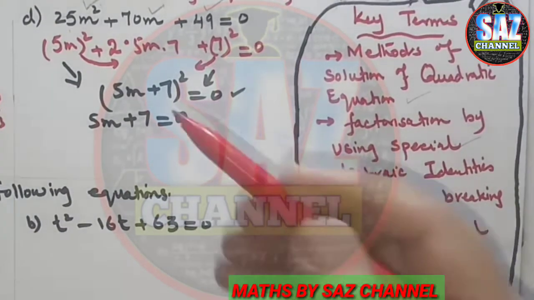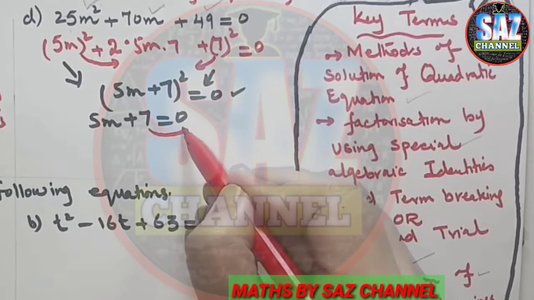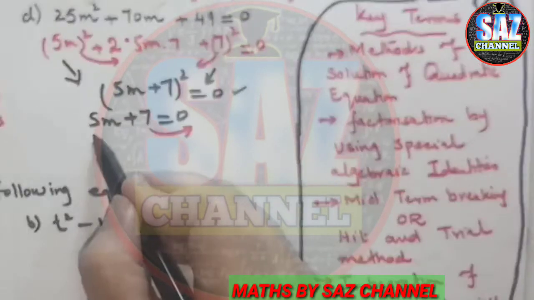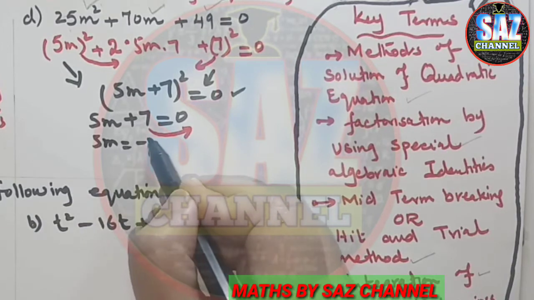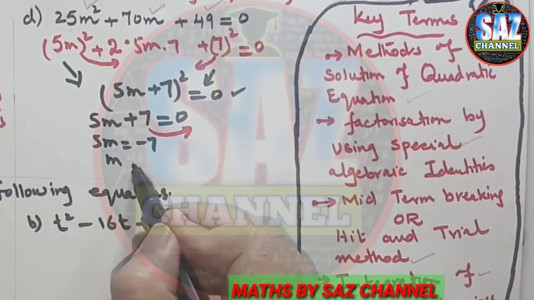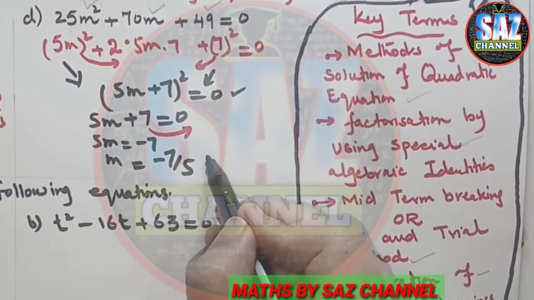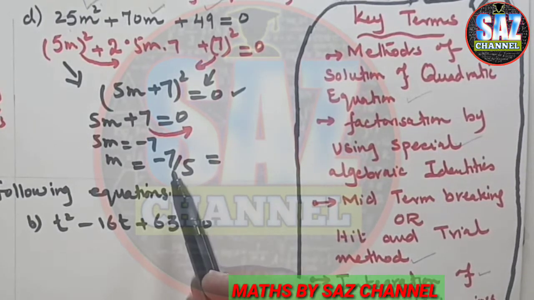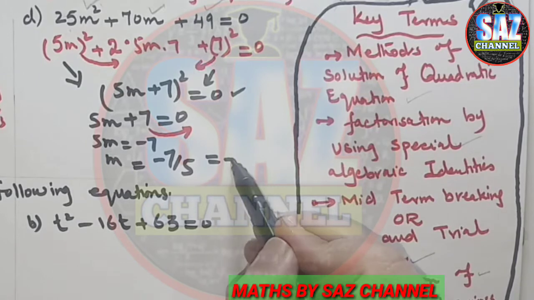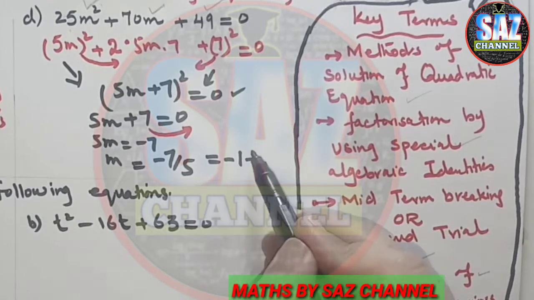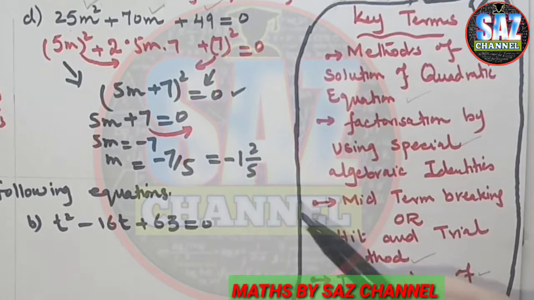In the next step, I have to shift this constant to the other side by changing the sign, and this will become 5m equals to minus 7 and m equals to minus 7 by 5. As the numerator is larger than the denominator, I have to give my answer in the form of a mixed number, and 7 by 5 is 1 whole 2 by 5.